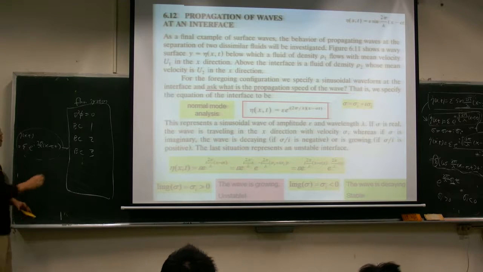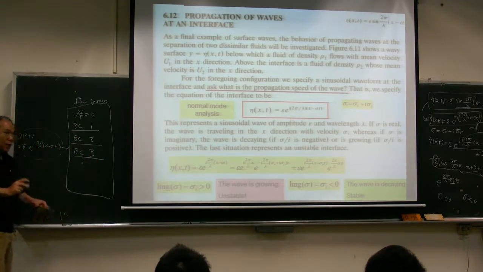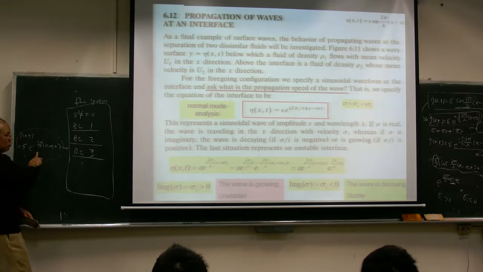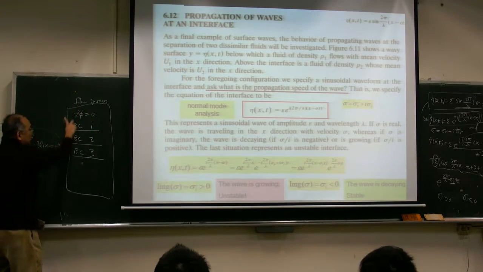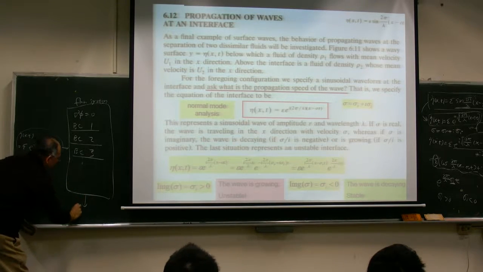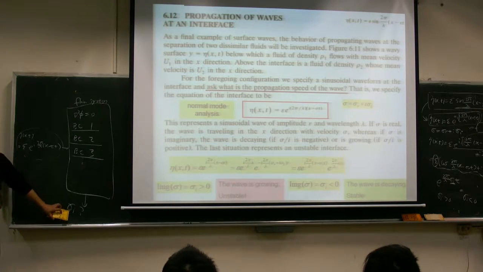I have a dynamic boundary condition, a bottom boundary condition, a free surface boundary condition, any kind of boundary condition I should satisfy. Once I introduce this small perturbation into this flow system, in order to satisfy these, I will try to check what happened to sigma_i. That's the next method we will try to do.